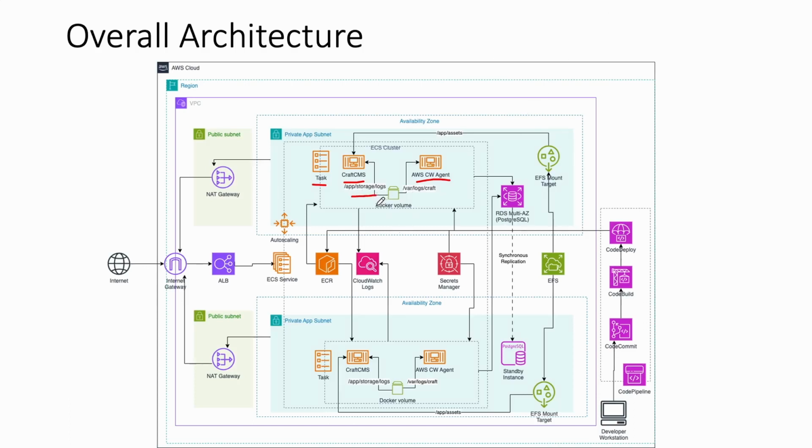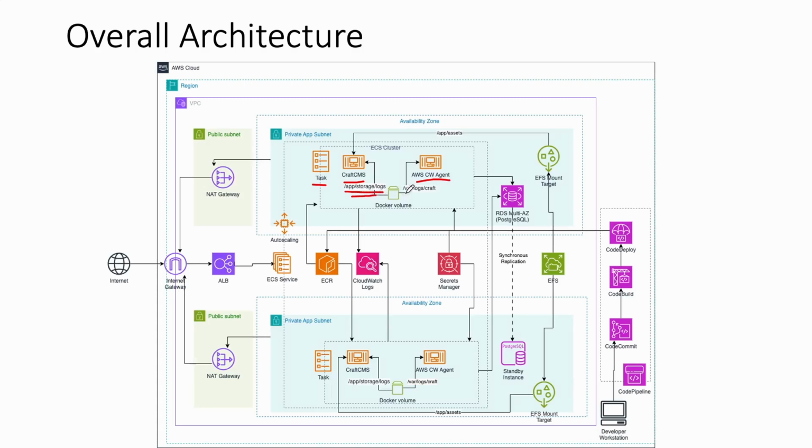Here we are depicting that there is a Docker volume. It's not an EFS volume, because this volume is just being shared between these two containers within the same task, so we don't need EFS for this. We are just going to use the task definition to create this Docker volume and then mount it on both containers. For the Craft application, we are using this path to mount, which is the default storage path for logs.